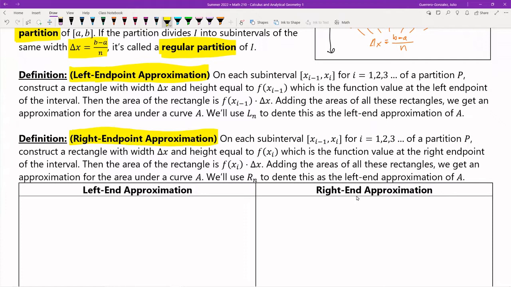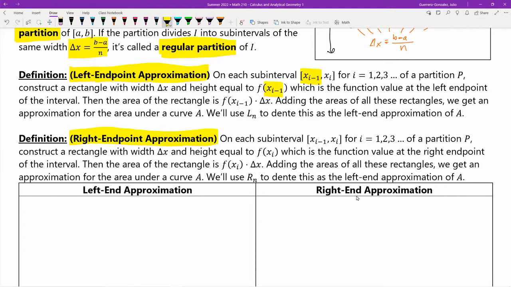So on each subinterval [x_{i-1}, x_i], so on each chunk that's produced from the partition P, we're going to construct a rectangle with the width delta x and the height equal to f(x_{i-1}). So look at what it is, right? I'm referring to this endpoint right here, okay?